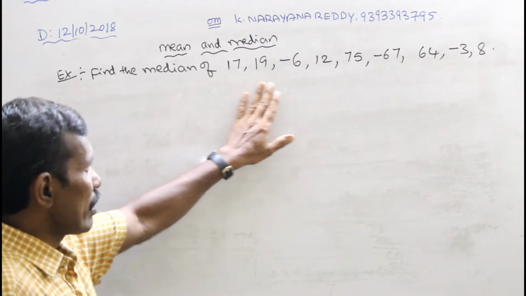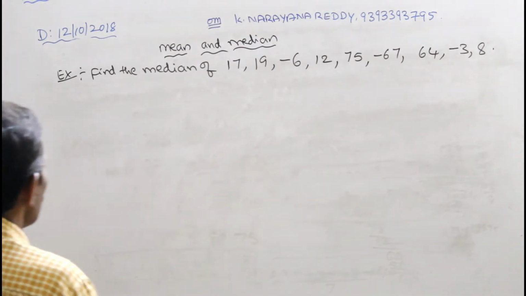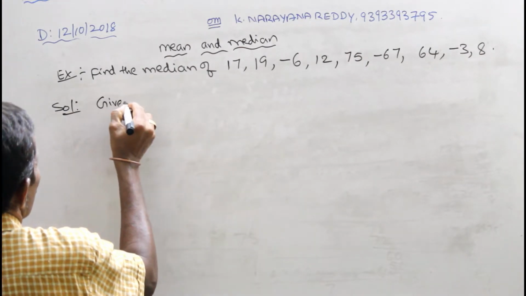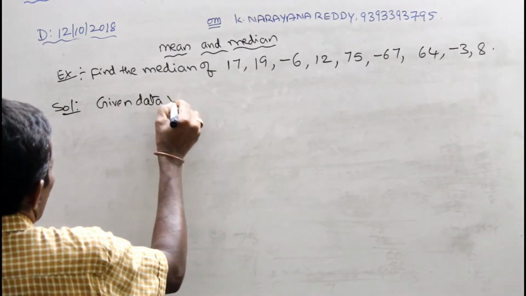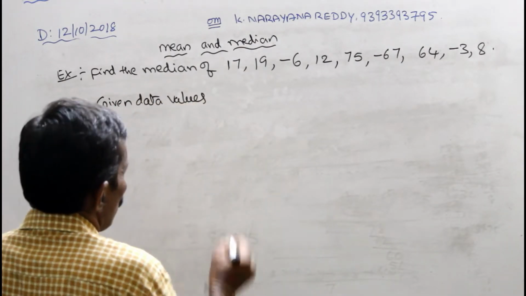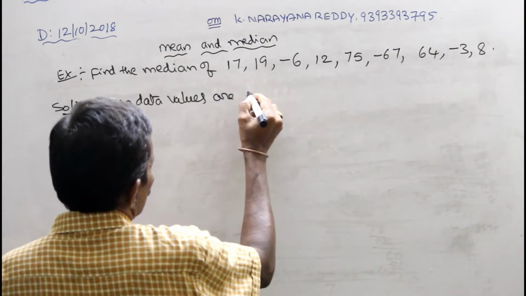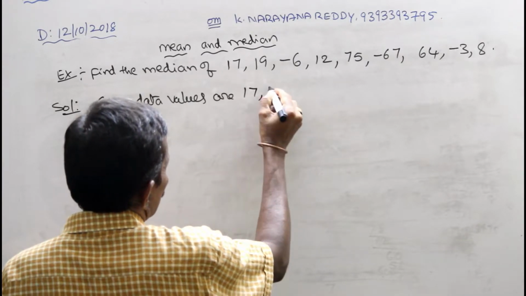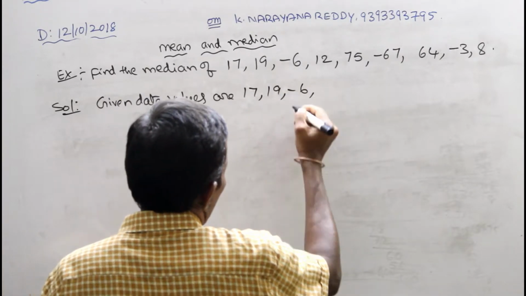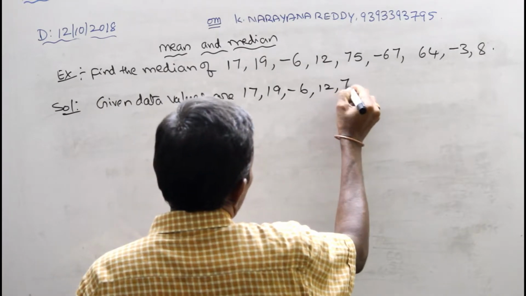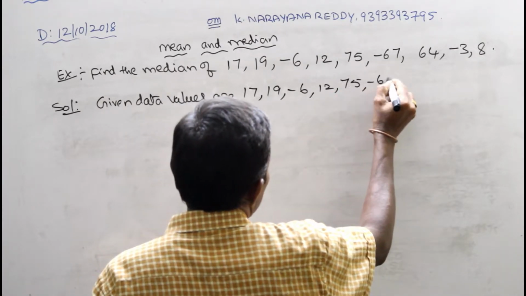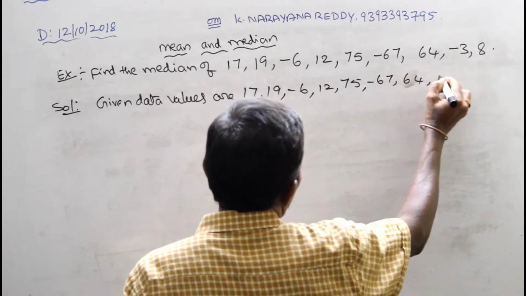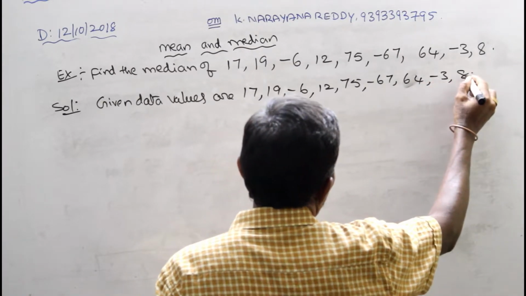Now, solution. Given data values are 17, 19, minus 6, 12, 75, minus 67, 64, minus 3, 8.